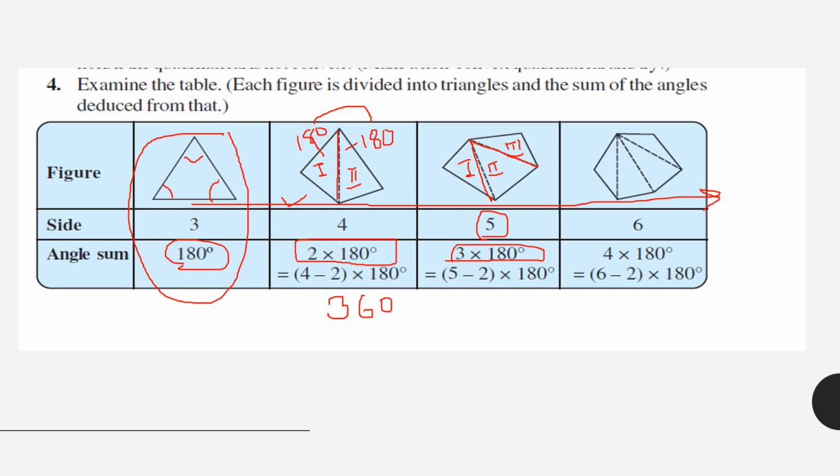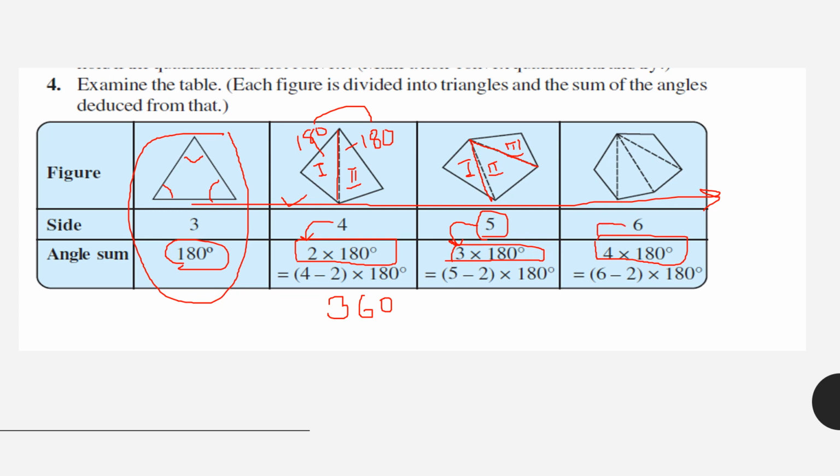So the answer came as 4 into 180. If you observe this 4 and this 2, what can you say? Sides were 4 and you multiply 180 with 2, that is 4 minus 2. Here also 5 sides were there, you multiplied 180 with 3, that means 5 minus 2. Here also 6 minus 2 is 4.